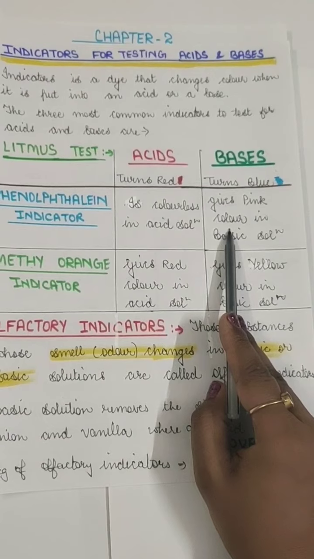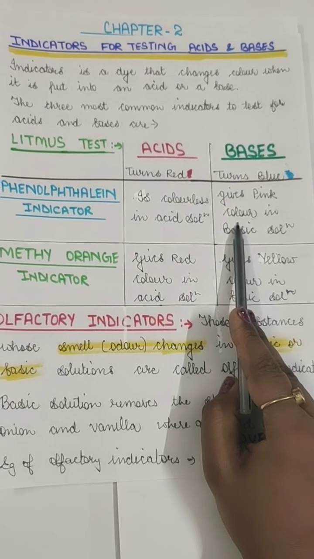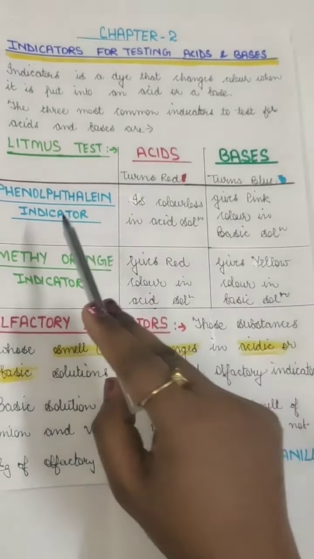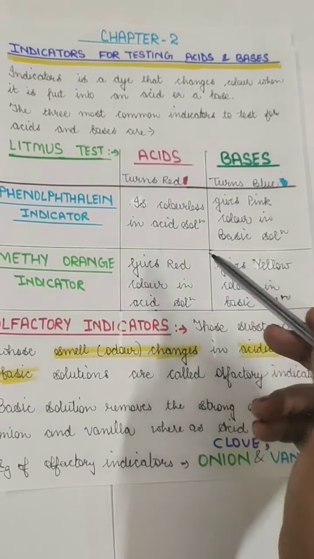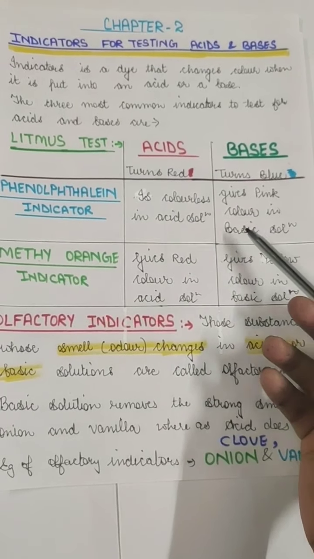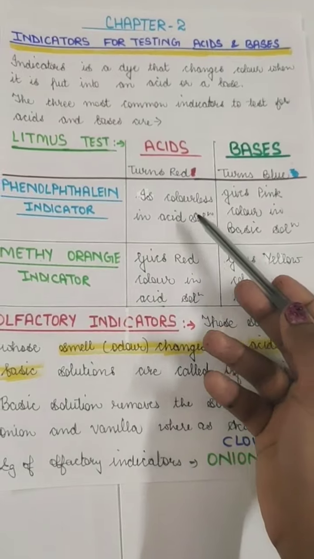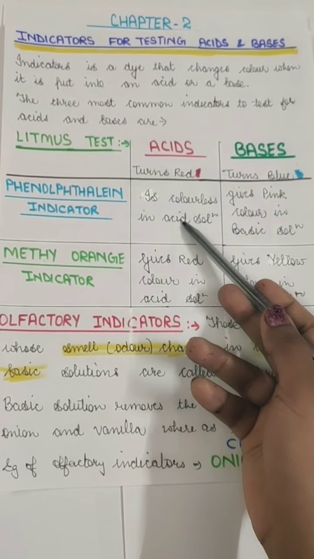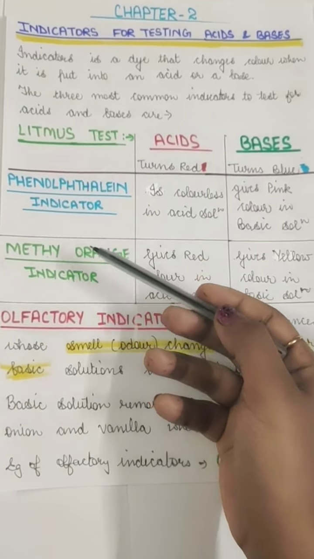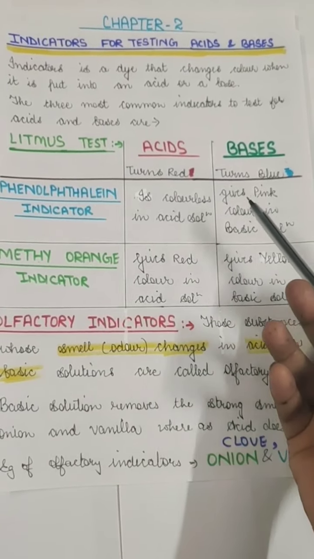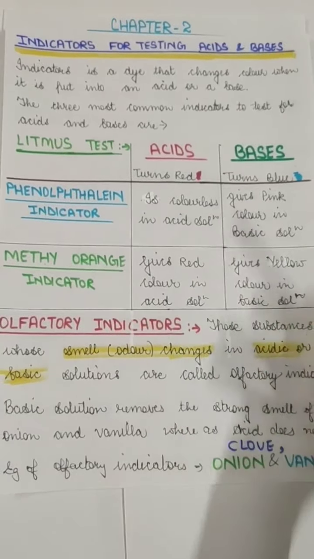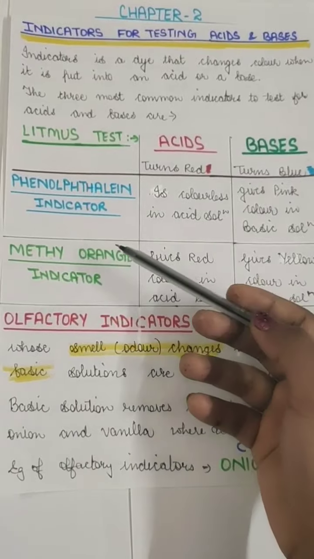But in the case of bases, it will turn the base a slight pink color, and if you mix more of it, it will change to a pinkish or dark purplish color. So pink color is for base and colorless for acid. Please remember these are very important, although they are easy. They always come in exams for any question, 1 mark or more than that.